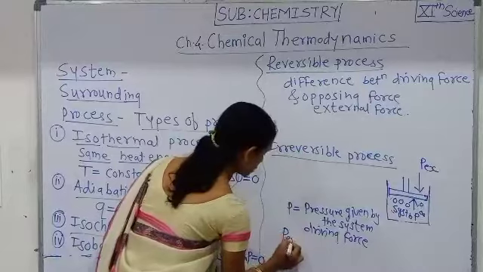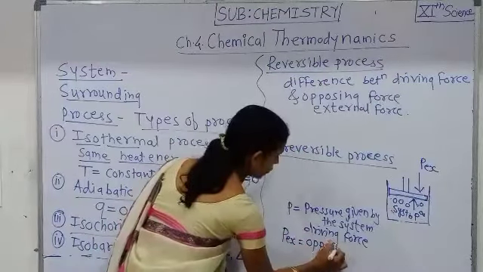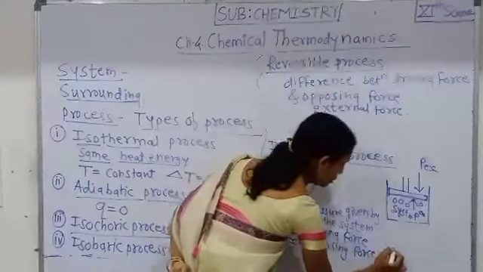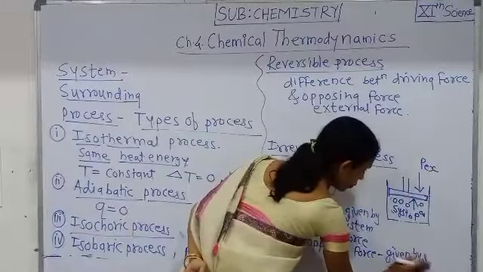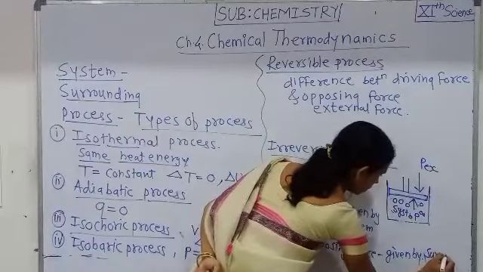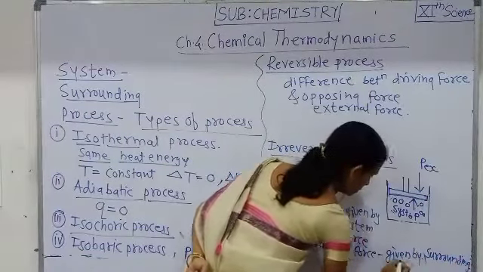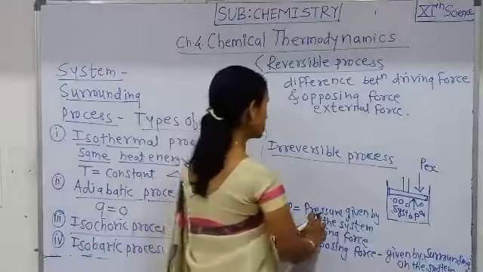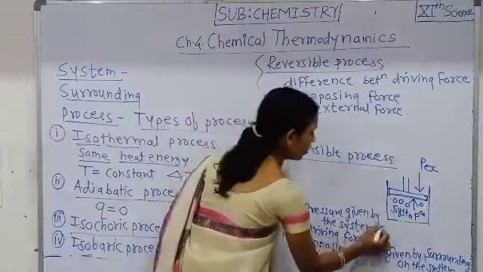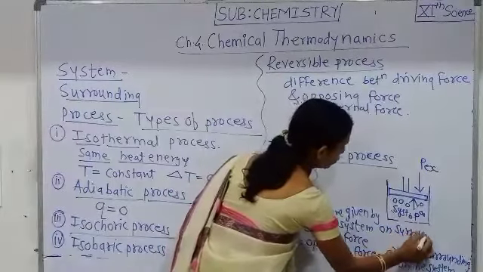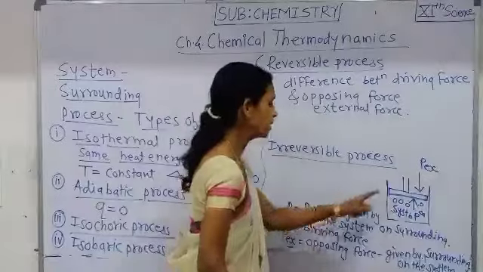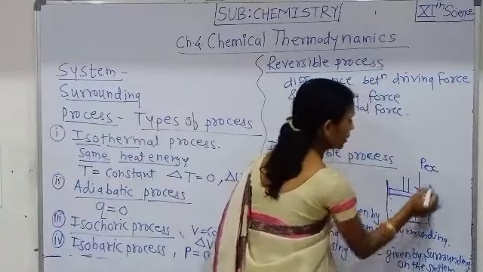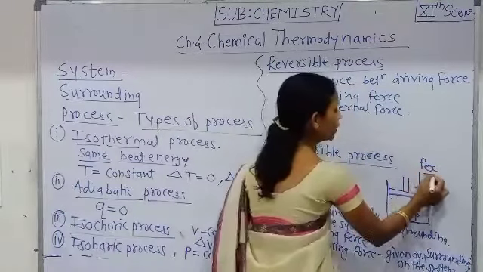Here PEX is an opposing force, or an external force, which is given by the surrounding on the system, and the driving force is the pressure given by the system on the surrounding. The pressure given by the system is P, and the pressure given on the system is PEX.